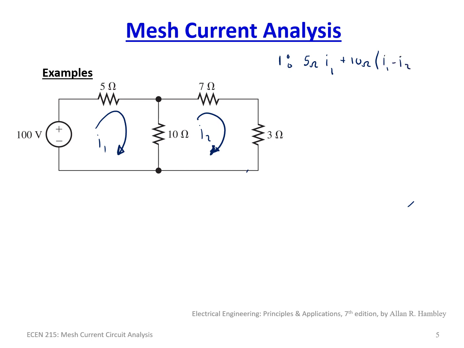So on this side, we're looking at this voltage, and we have current I1 flowing through it, and then we have an opposing I2. So that's where this is coming from. And this is equal to 100 volts. That's it. We're done with mesh current 1.